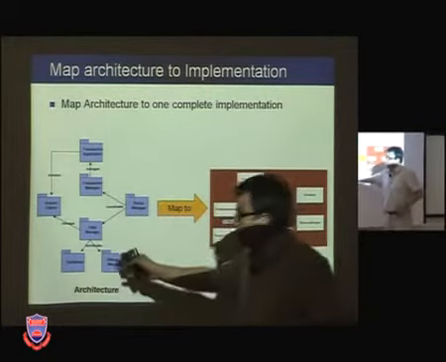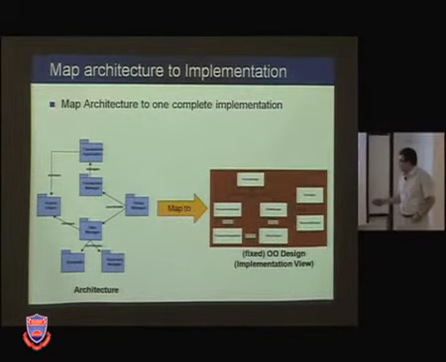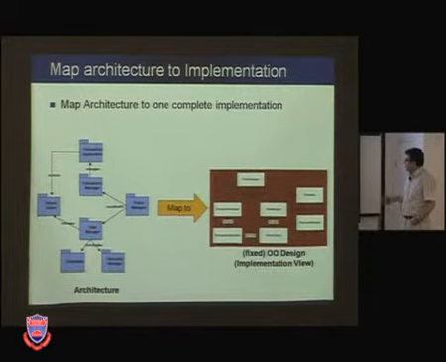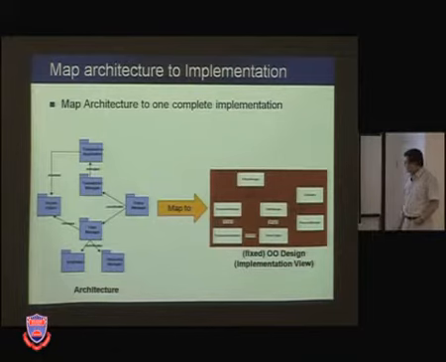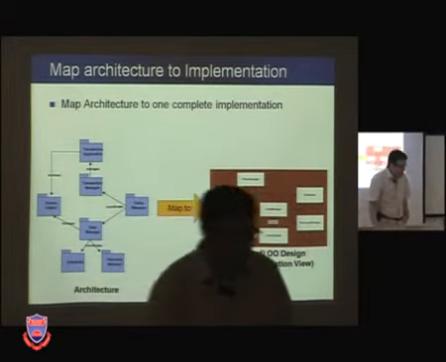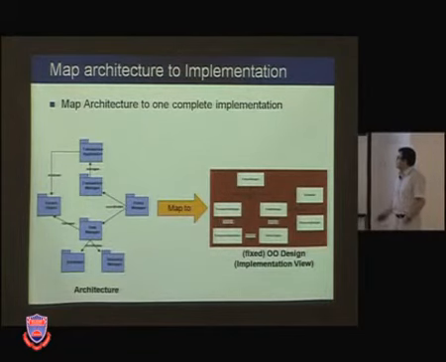We have even seen that we could have the architecture of the subcomponents of each of these components. Then at some time we have to map this to design. We could map to a fixed object-oriented design, which we also call the module view or implementation view. That's the first alternative.